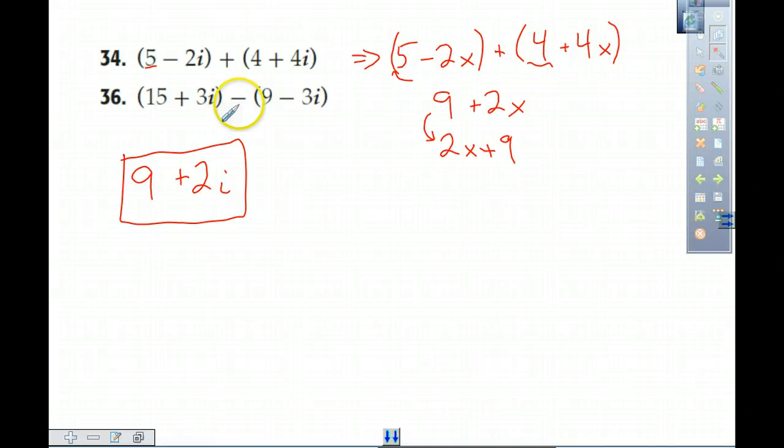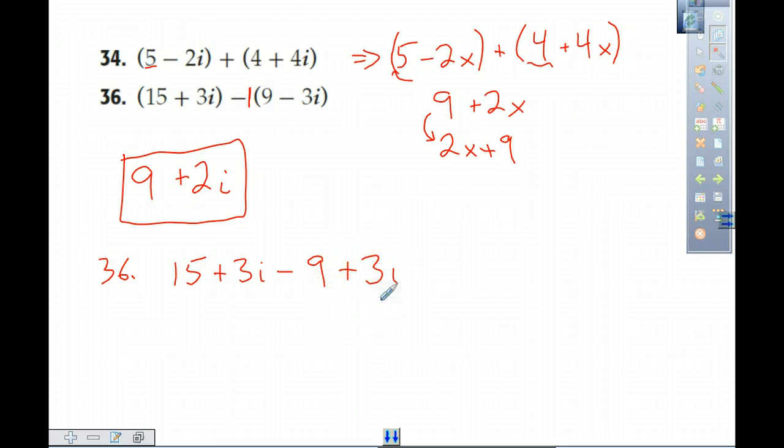So we have 15 plus 3i, and we're just going to be subtracting. So here's where you want to remember to distribute. It's actually going to be minus 9 and minus a negative 3i. So we'll have 15 plus 3i minus 9 plus 3i.